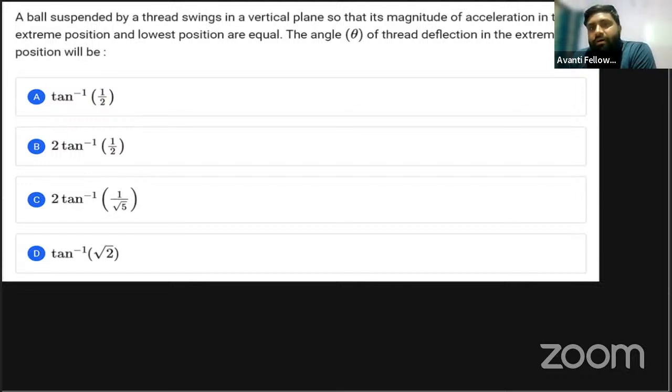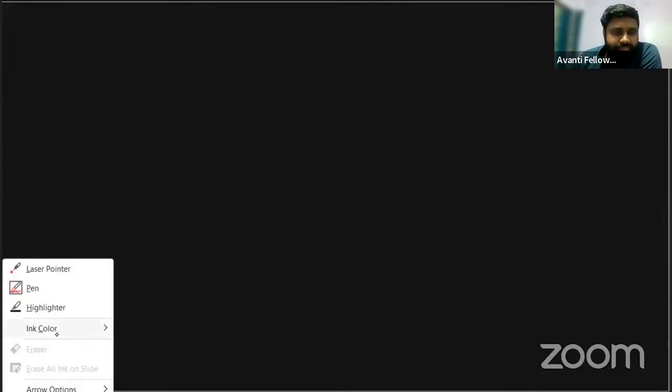The angle theta of the thread deflection in the extreme position will be, that you have to calculate. And given that the acceleration at the extreme position and the acceleration at the lowest position are equal. Got it? Now, try to solve it.